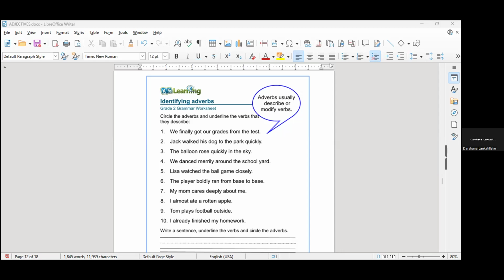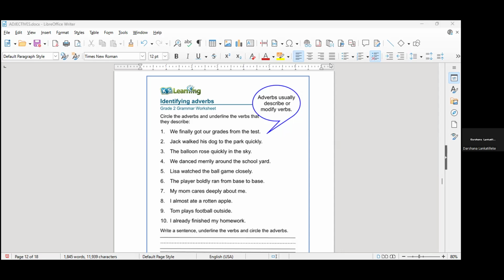Then, the player boldly ran from base to base. Player boldly ran. Ran is the verb. How he ran? Boldly. That is the adverb. Number 7, my mom cares deeply about me.